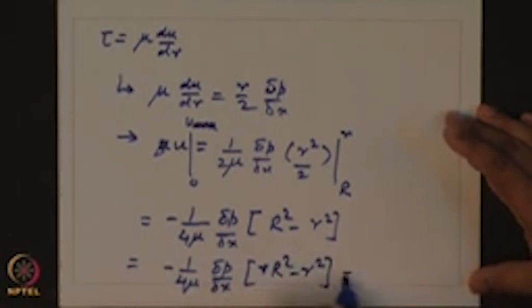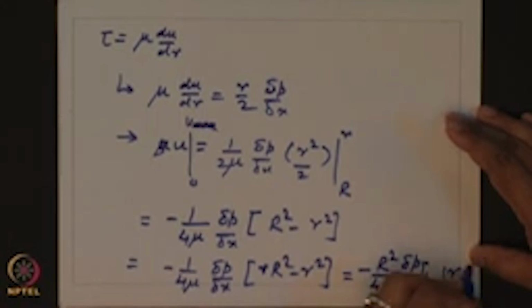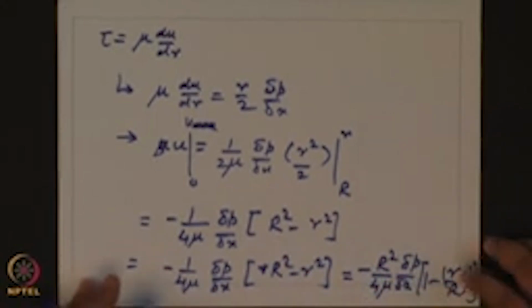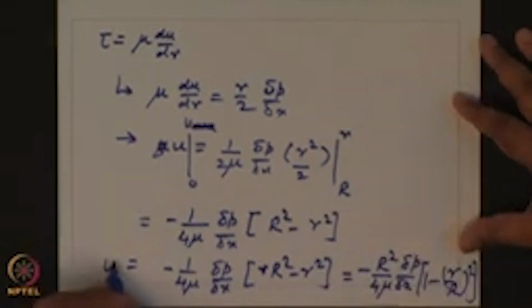So, you can take out R square common. So, when r is equal to 0, you have u max, so this is your velocity profile.